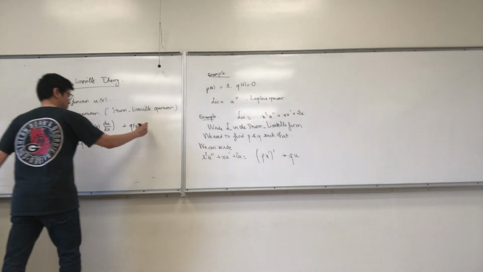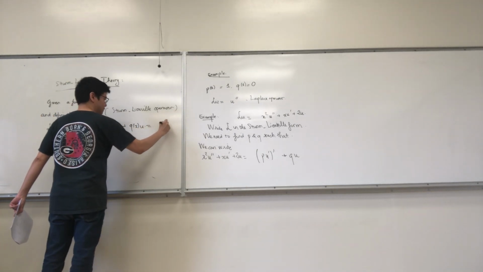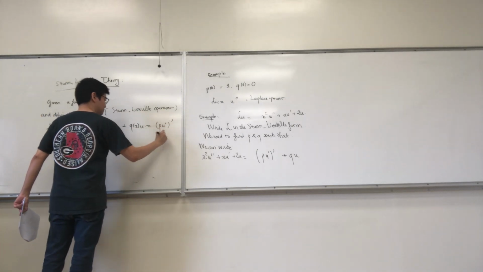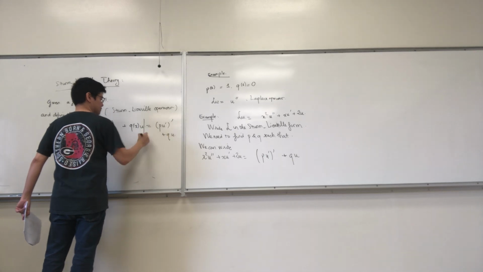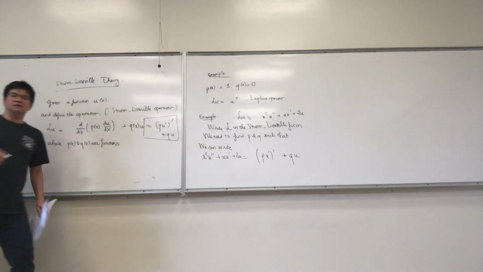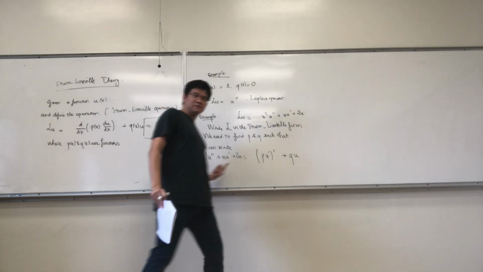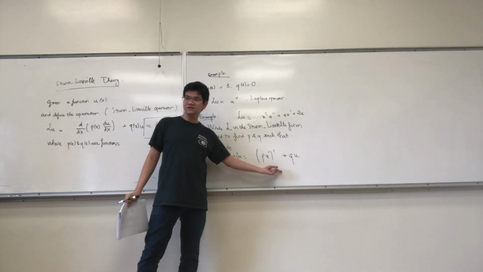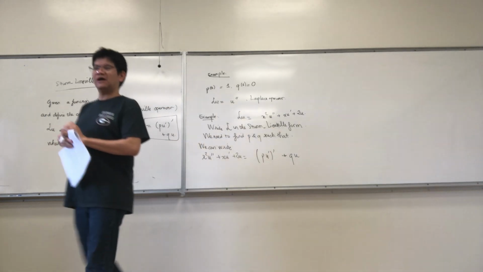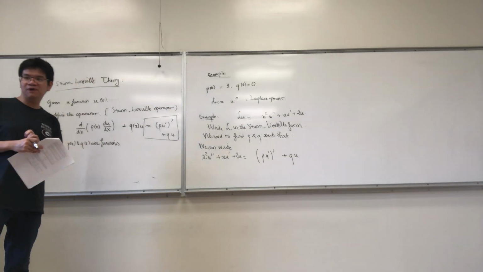So this is nothing but (p u prime) prime plus q u. We're going to try to find p and q such that this can be written under this form. So do you have any idea how I can write it this way?